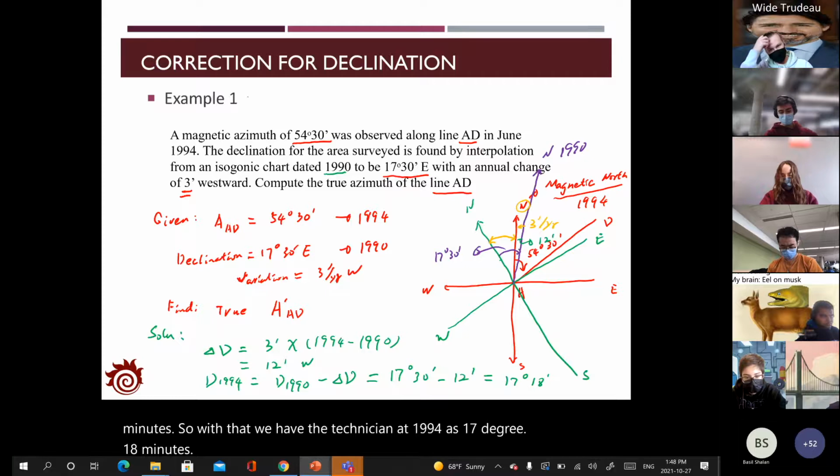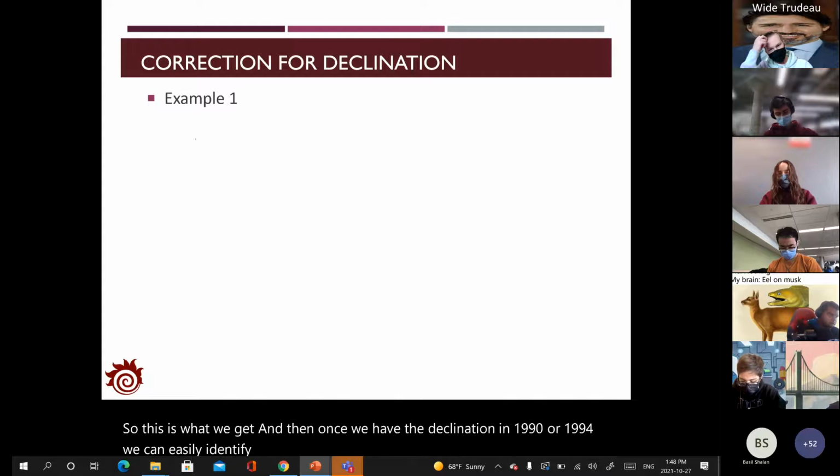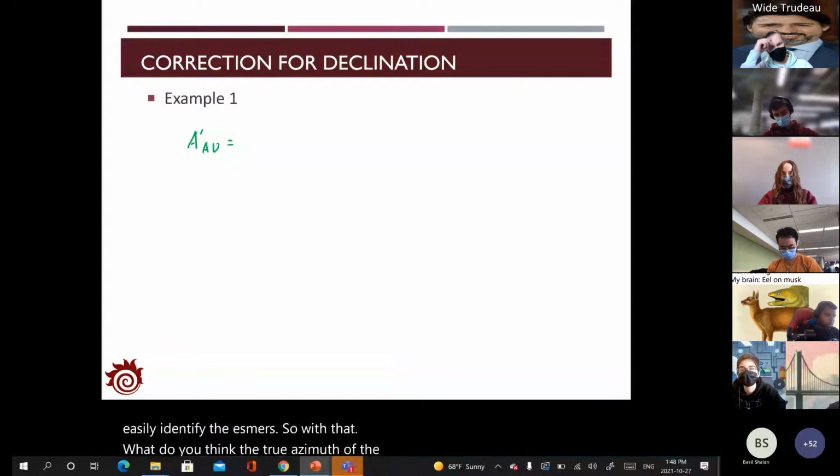So this is what we get. And once we have the declination in 1994, we can easily identify the azimuth. So with that, what do you think the true azimuth of the line AD will be?